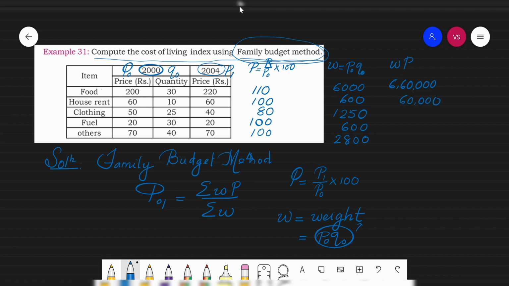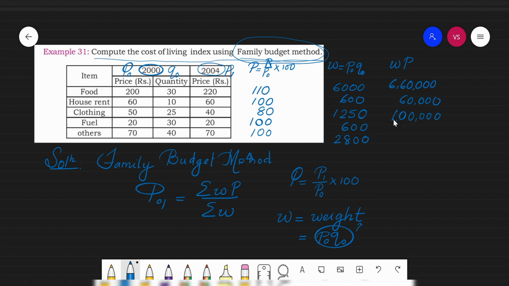Then we have 1,250 into 80, which is 1 lakh, students. This is exactly 1 lakh. Then we have 600 into 100, which is 60,000, students.